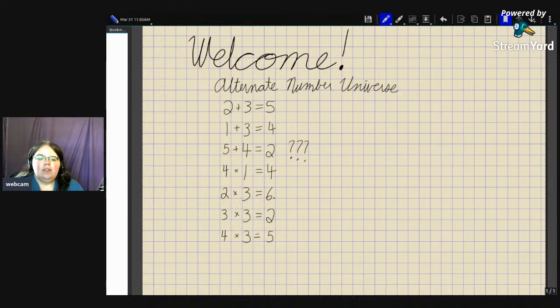Okay, so it still goes up by 3s, but it's so weird. So what kind of alternate number universe is this? Well, we can analyze it a little more closely by organizing what we're observing here. So we can make an addition table of everything we've seen so far.